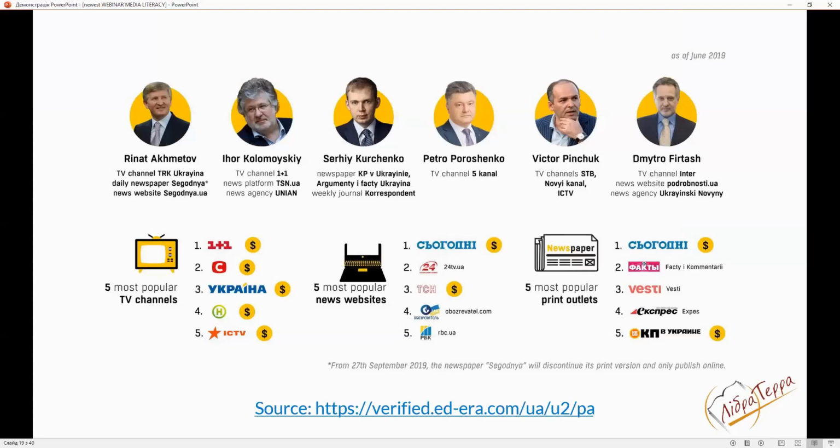So this causes a big problem because we are not sure whether the news that is being broadcast on these channels and in these newspapers is truly independent and trustworthy, right? So media literacy for Ukraine is particularly important, I think, especially around the times of elections. We've just had so many election campaigns, and perhaps many of you have witnessed the problem with media literacy in Ukraine.